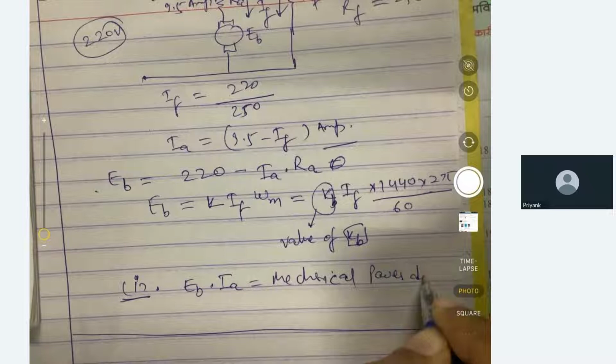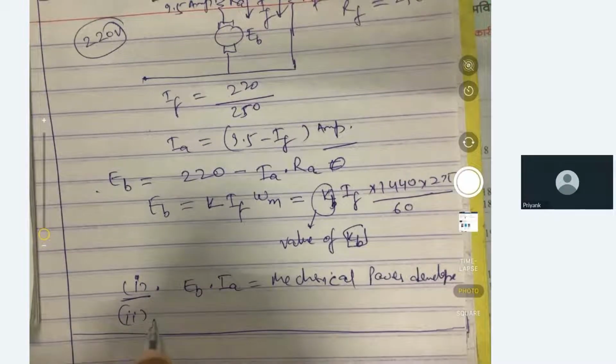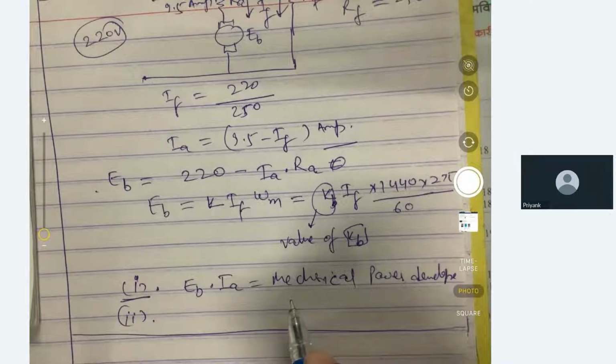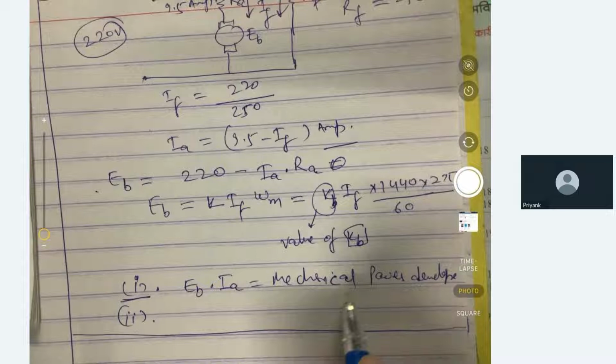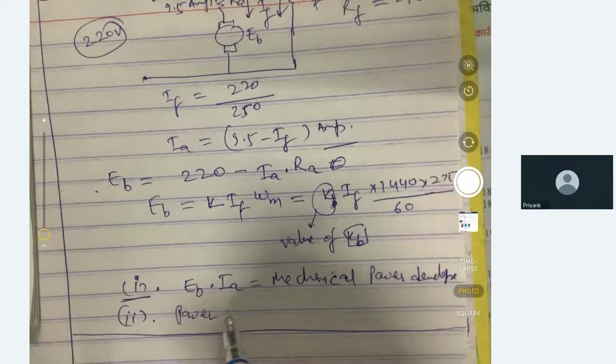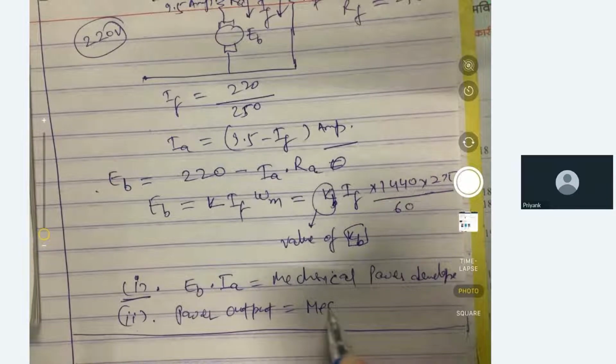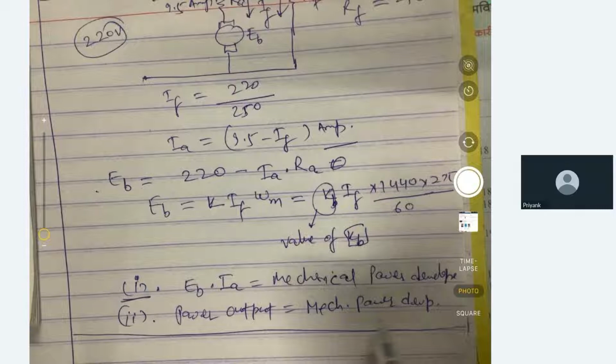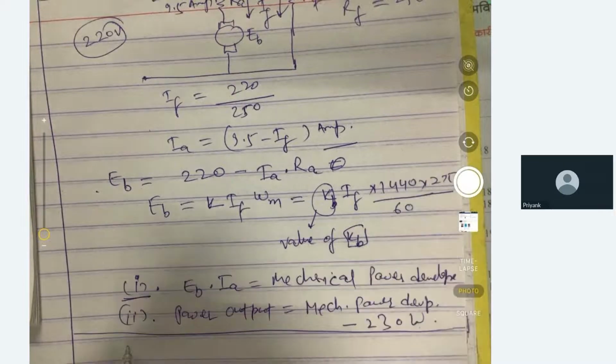The second part is power output. The power output would be the mechanical power developed minus the rotational loss, 230 watt. The third is the load torque.